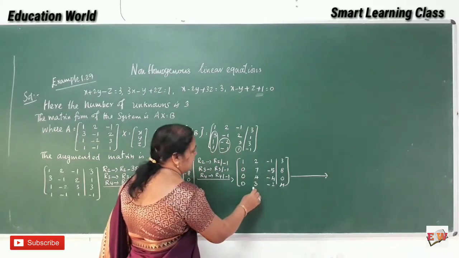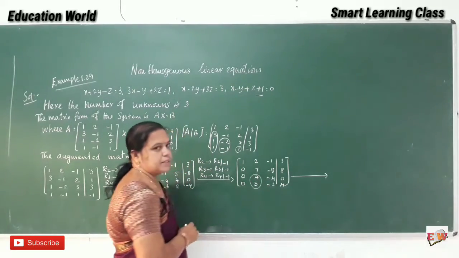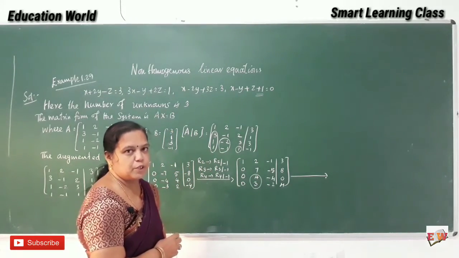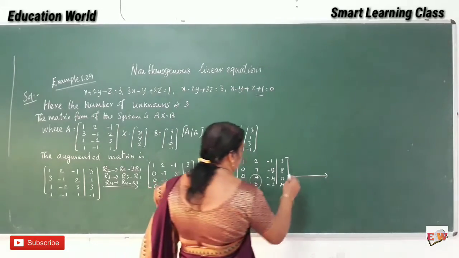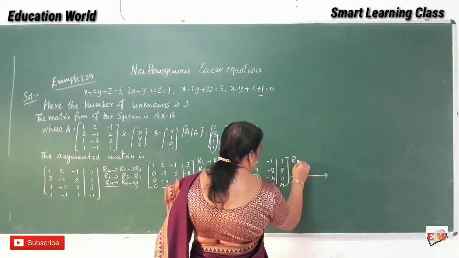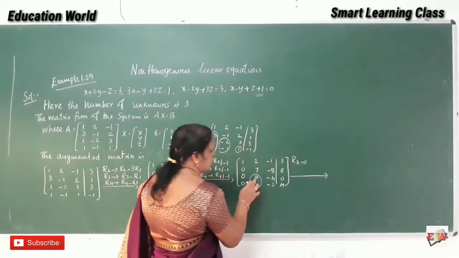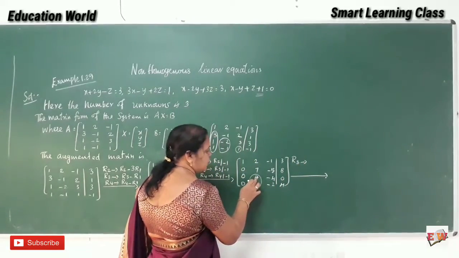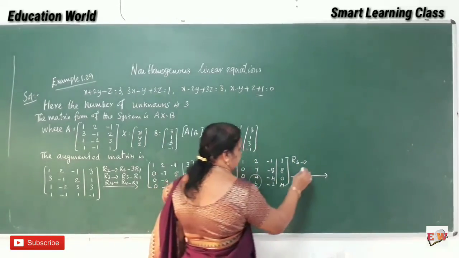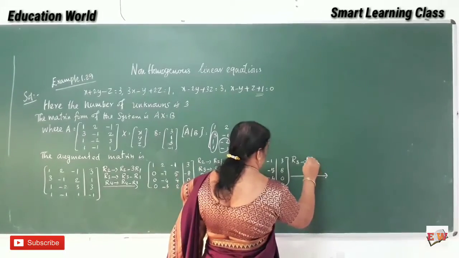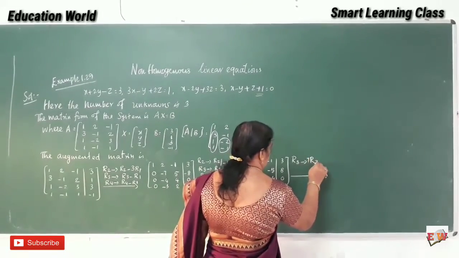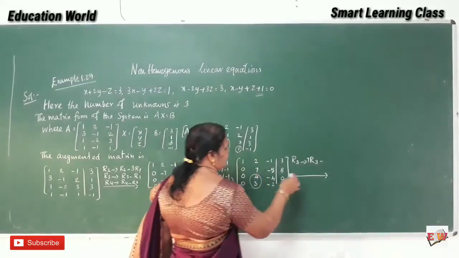Next, we have to bring these two entries to be 0, isn't it? So what I am going to do: R3, I am going to multiply by 7. 7 R3 minus 4 R2.